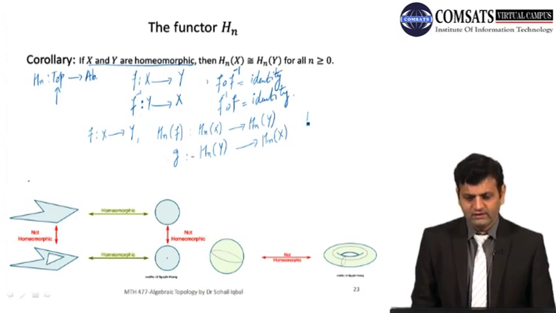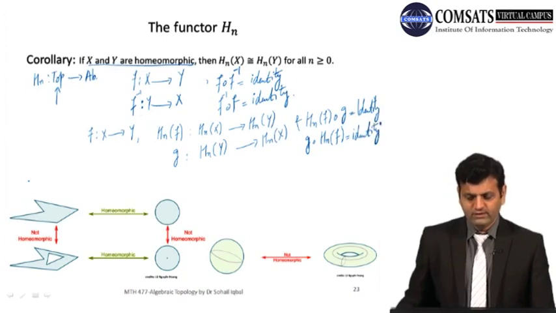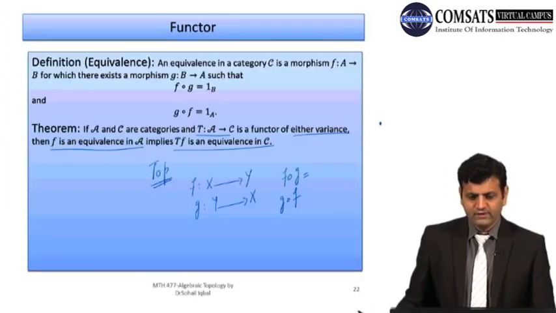So Hn f composition g is identity, and the composition of g with Hn f is also identity. So that's what this theorem means, that if we have a functor from category A to category C, then if f is an equivalence in A, then this implies Tf is an equivalence in C.